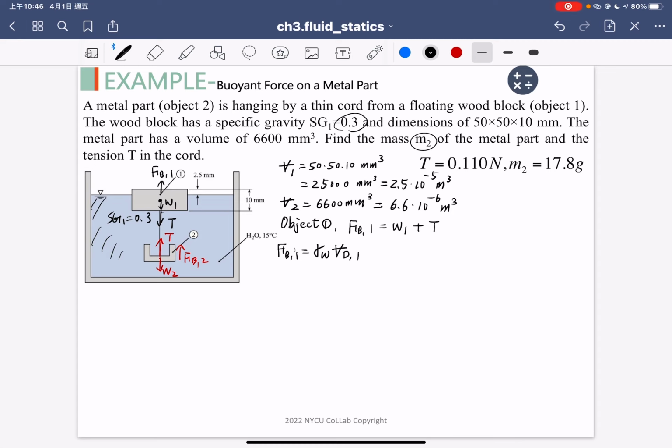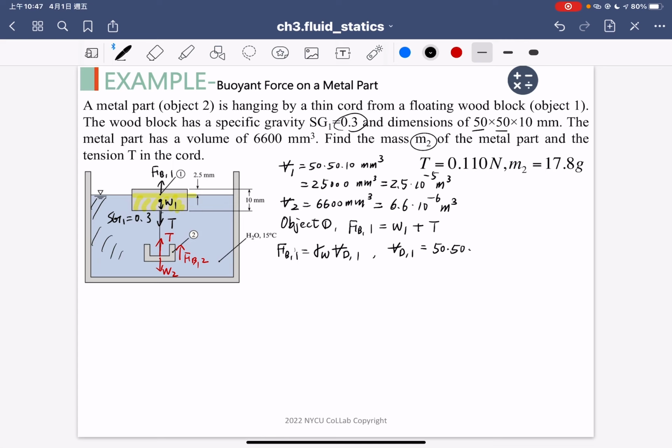So you need to compute the displaced volume. How can we compute the volume here? We know the dimensions: the length and the width are 50, so 50 multiplied by 50. But the height is different.